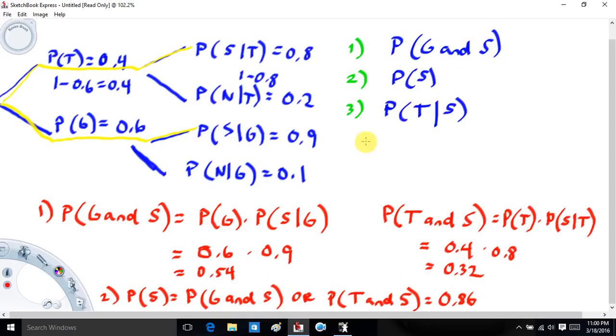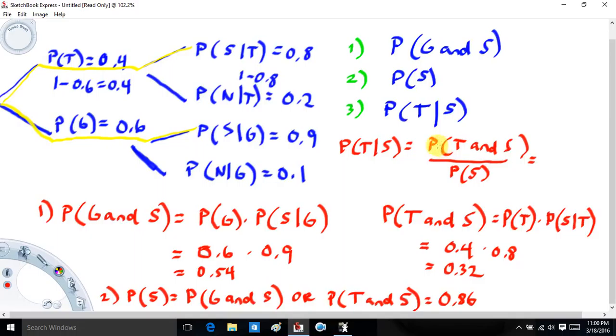So how are we going to find this information? To find this information, we have to use the following. Okay?